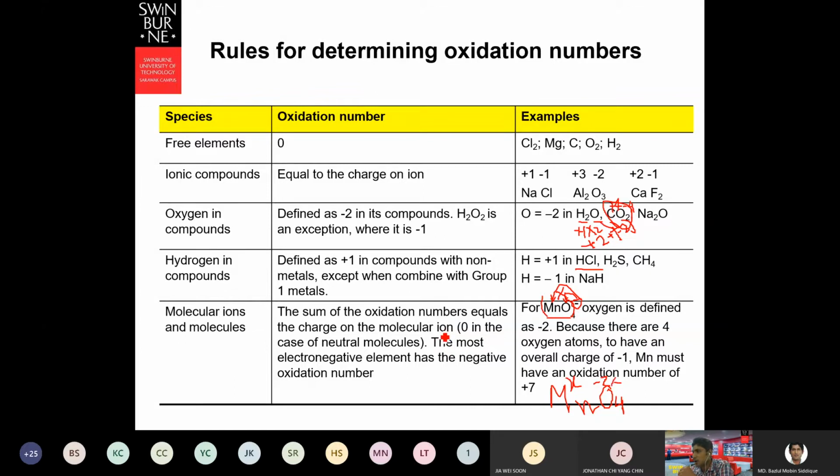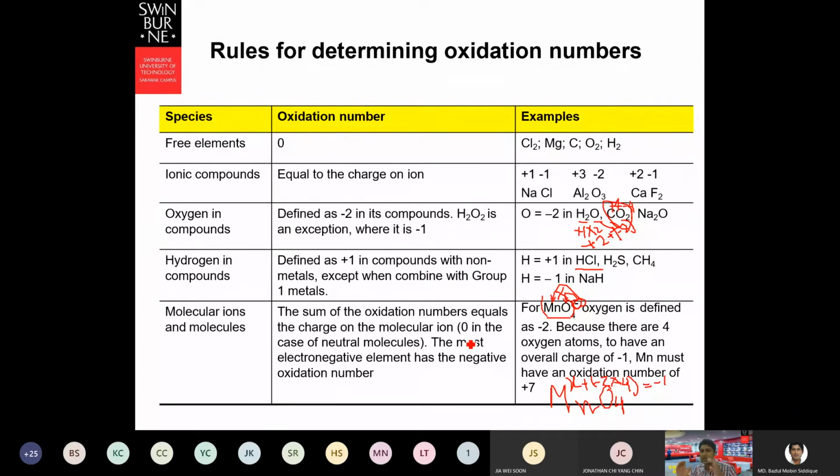Since there are 4 oxygen atoms, we multiply by 4, and the sum of X plus -2 times 4 is equal to the whole charge of the compound. There is only one negative charge on the compound, so it is -1.